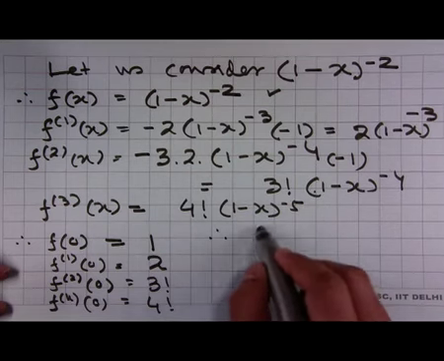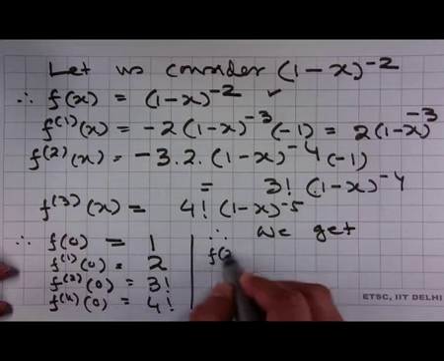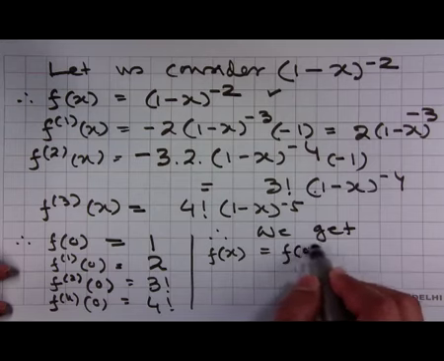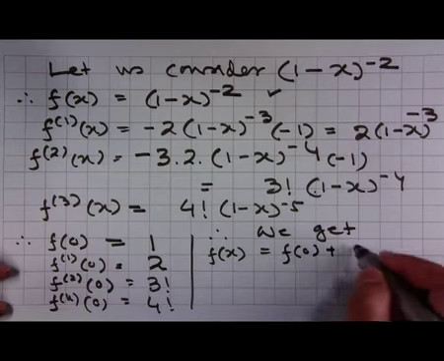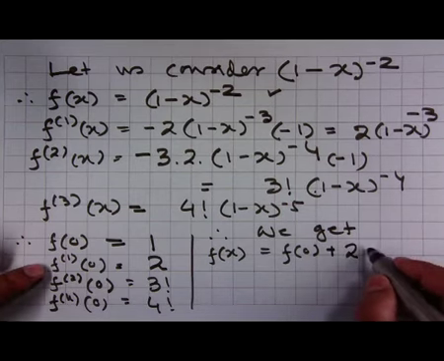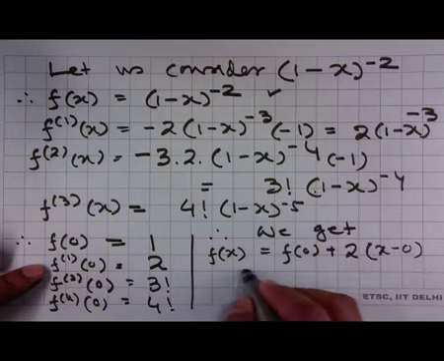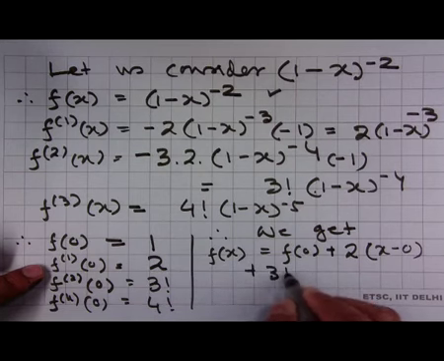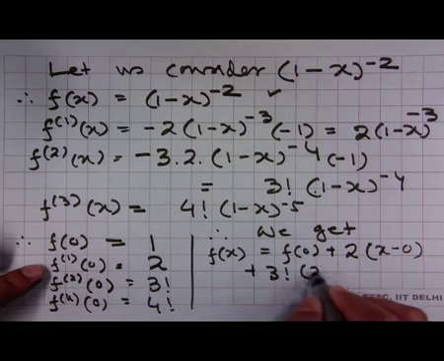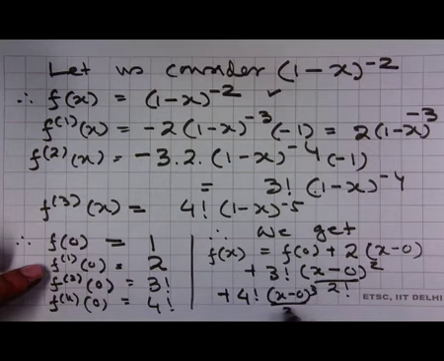Therefore, we get f(x) is equal to f at 0 plus 2 into (x minus 0) plus factorial 3 into (x minus 0) whole square upon factorial 2 plus factorial 4 into (x minus 0) whole cube upon factorial 3.